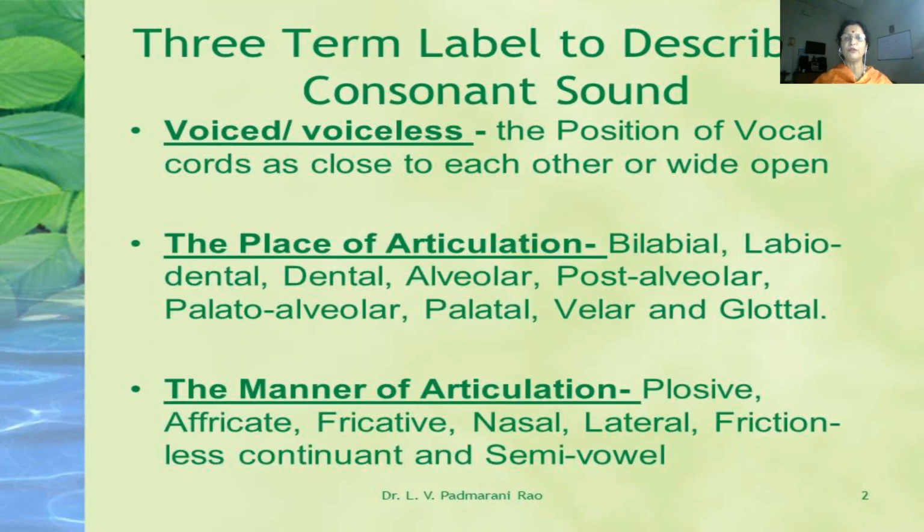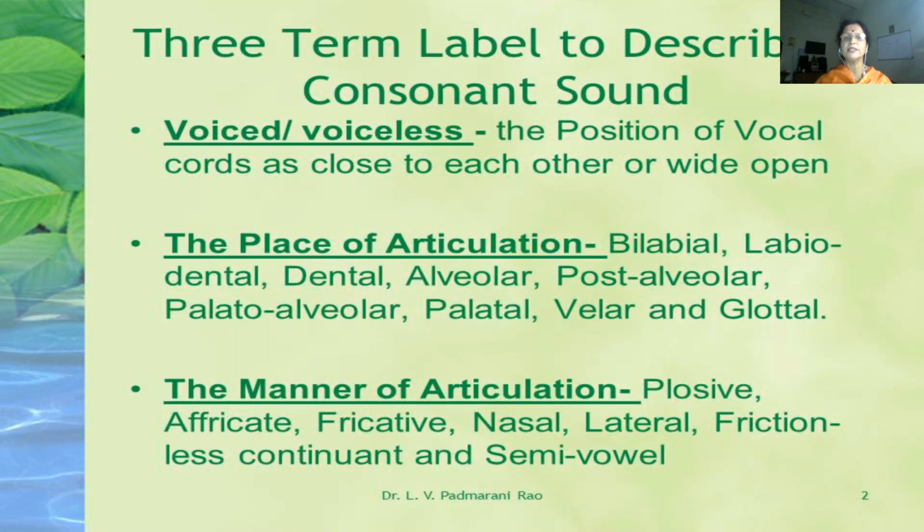There are 24 consonantal sounds in the English language, and the three-term label that is used to describe a consonantal sound could be, number 1, voiced or voiceless, depending upon the position of the vocal cords. If they are very close to each other, the air has to pass through, causing them to move and create friction, and hence voiced sounds are produced.